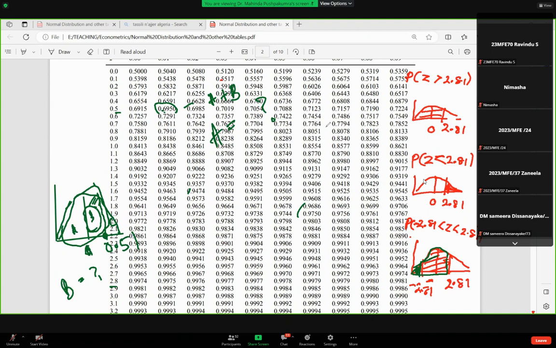Yes, 0.5, because the curve is symmetrical, and 0 is the mean. Then if you subtract this value, 0.5, from this value, you can get the answer. Okay, then the next example.